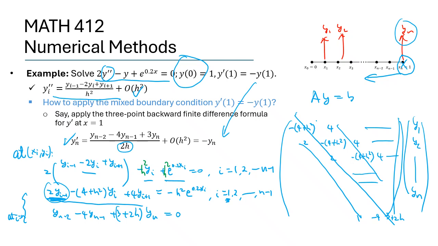As you can tell, normally when we arrive at such a linear system, it's always special. If you use more points, this should be a sparse matrix. In our case, all non-zero entries are located at the main diagonal, the diagonal right above the main diagonal, and the diagonal right below the main diagonal. All others are zeros, so they're special.